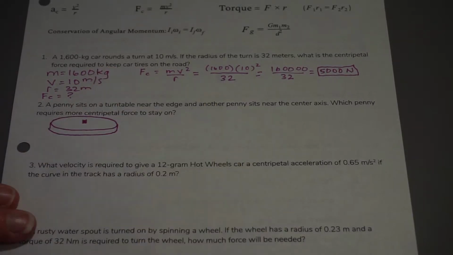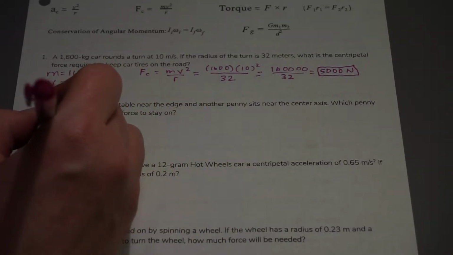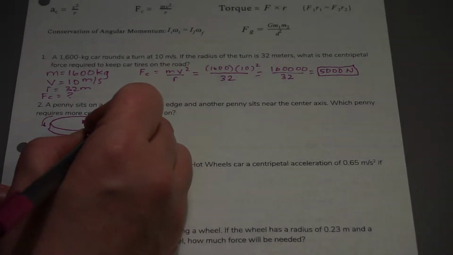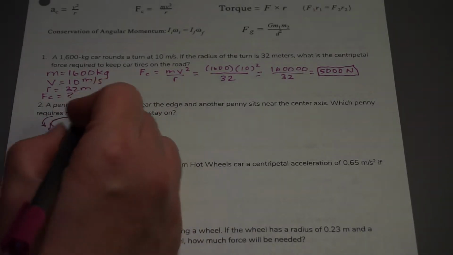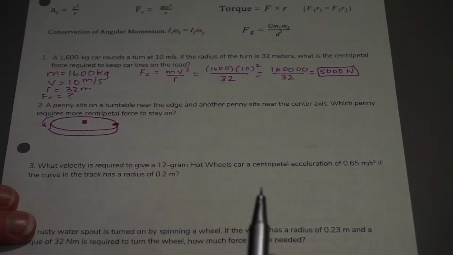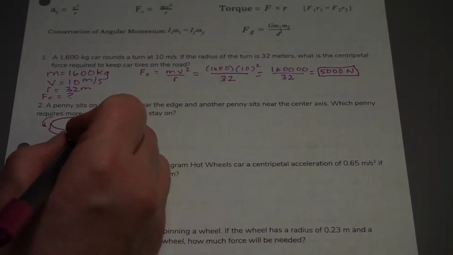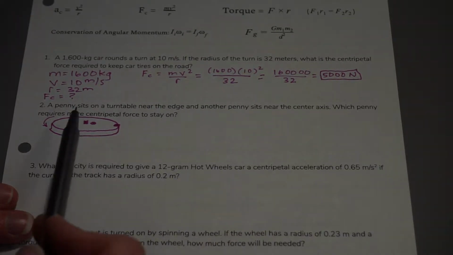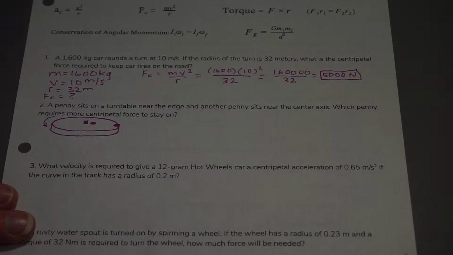Turntables are something that's kind of foreign to you. This turntable is rotating around in a circle, and they're asking us to compare the penny that sits on the edge of the turntable with a penny that sits right near the center of the turntable. Which one requires more centripetal force to stay on?